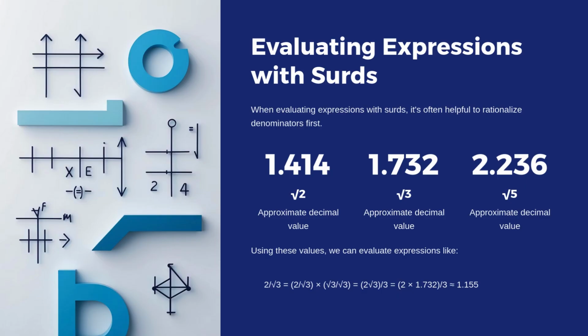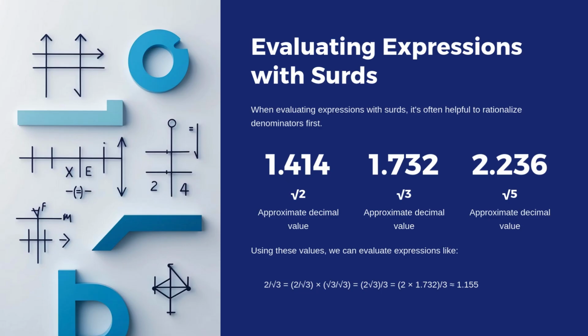Step 1. 2 divided by √3 equals (2 divided by √3) times (√3 divided by √3). This is obtained to rationalize the denominator. Step 2 equals 2√3 divided by (√3)². This is obtained by multiplying the numerators together and the denominators together.